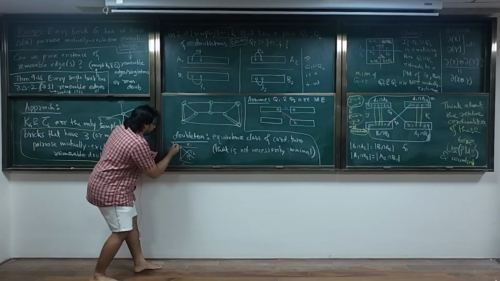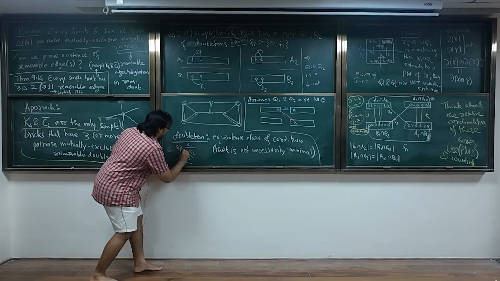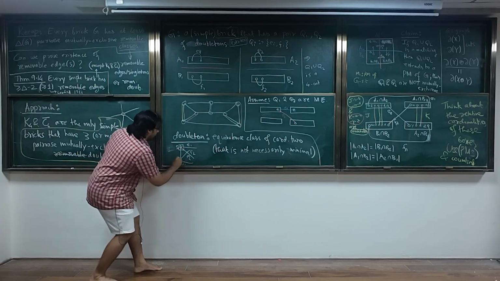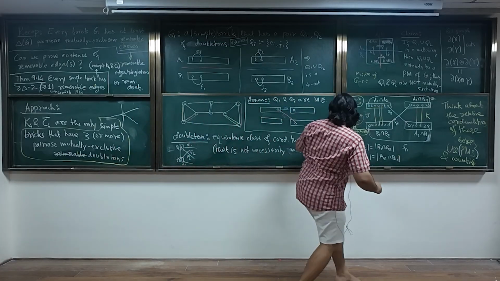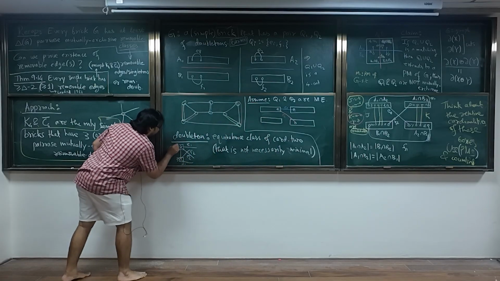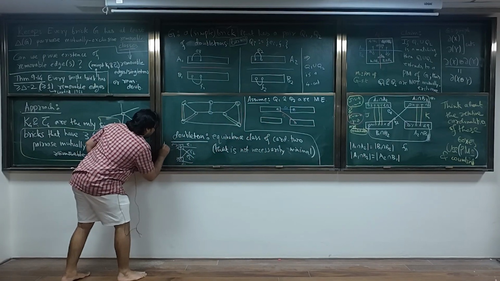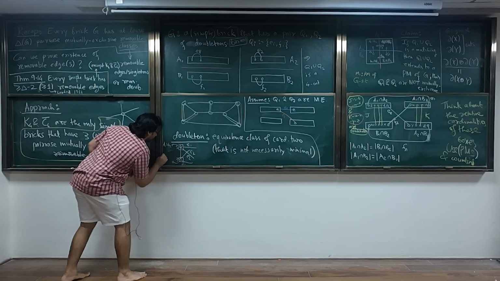And these two vertices are going to be degree 3 vertices, and this will be the whole color class. This will be the whole set A1 intersection A2, and this will be the whole set B1 intersection B2.